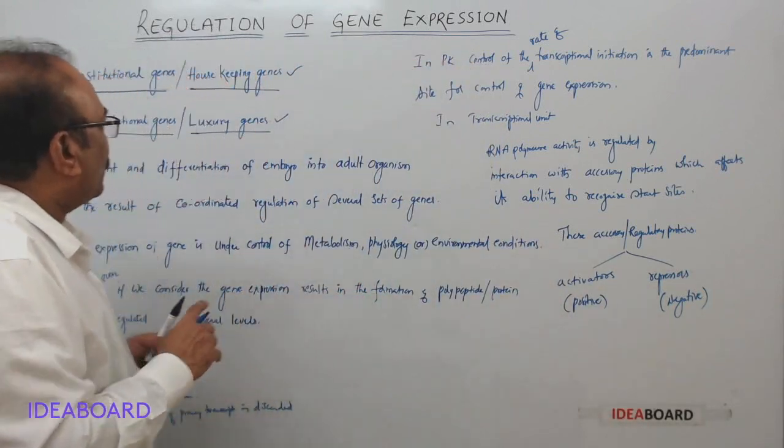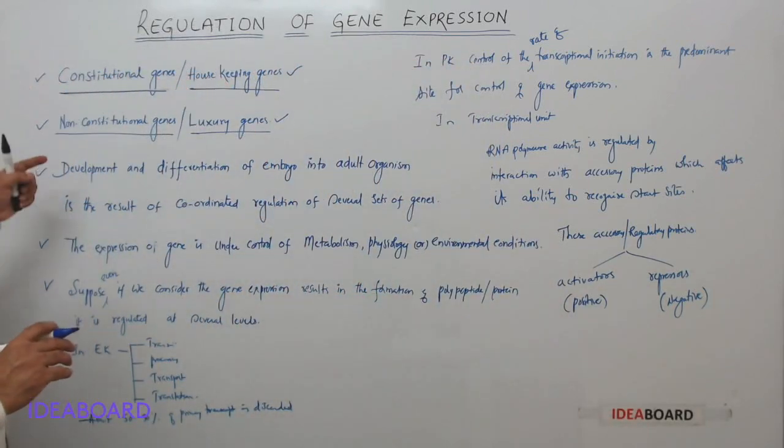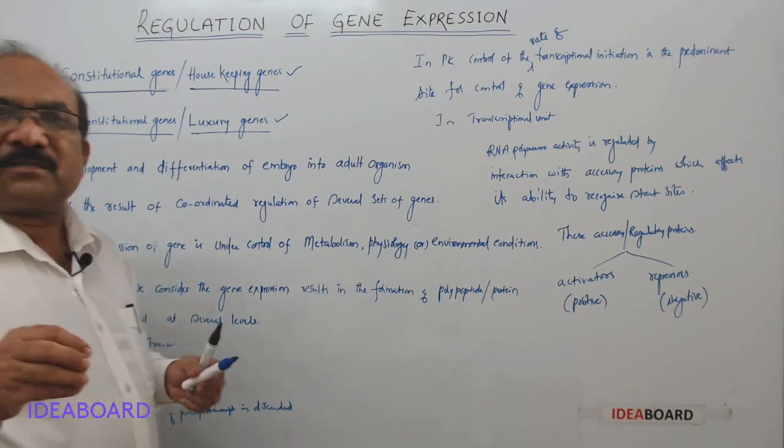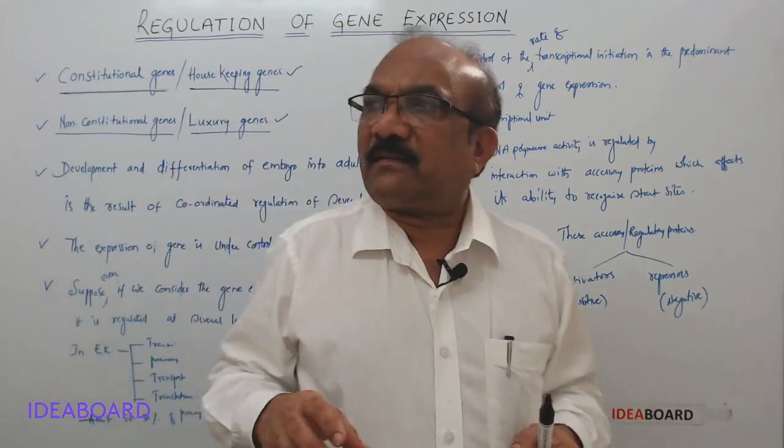Remember, in a cell we see two kinds of genes: constitutional genes or housekeeping genes, which are always expressed, and non-constitutional genes or luxury genes, which are expressed only when they are required.